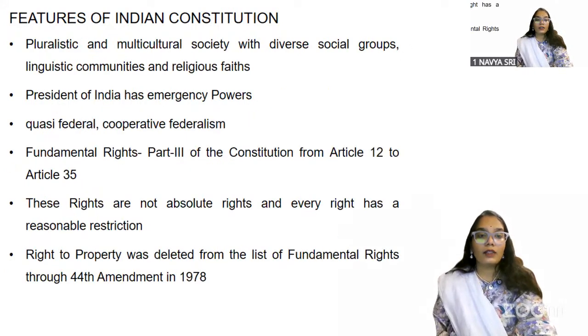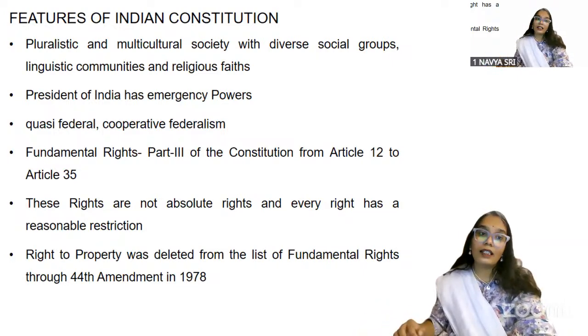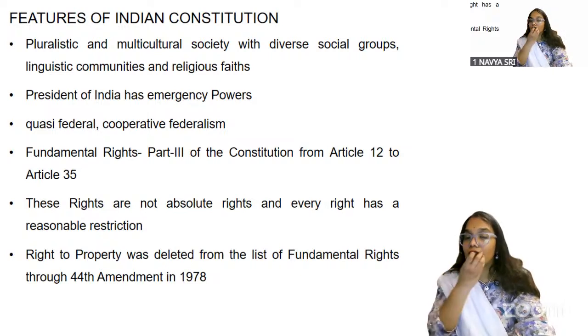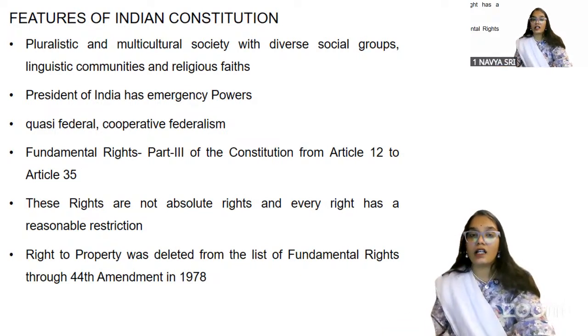Then next one is pluralistic and multicultural society with diverse social groups, linguistic communities and religious faiths. So here we can see India is a unity in diversity, with its diverse social groups, language groups, various races, creeds, castes, etc. Then the President of India has emergency powers.